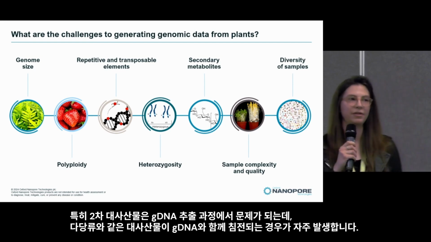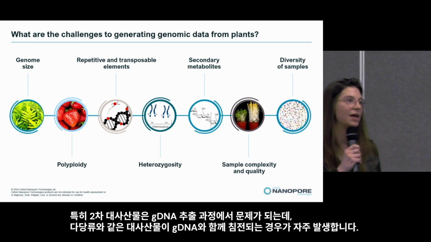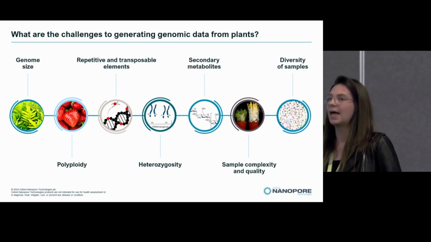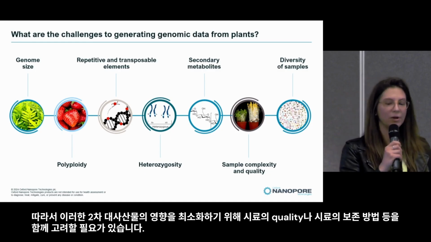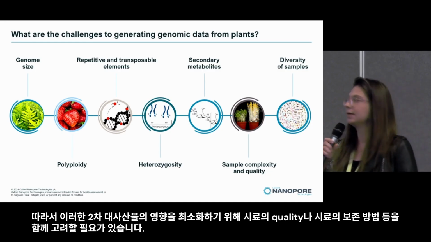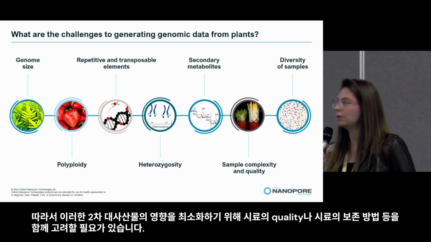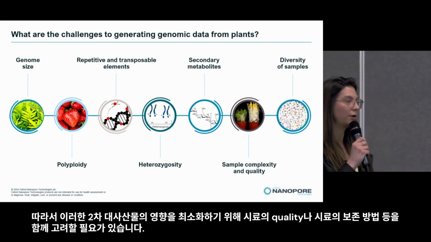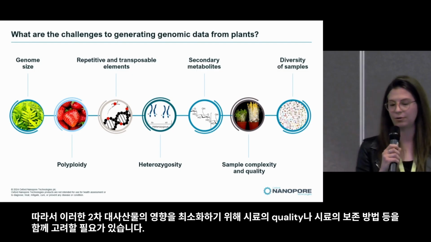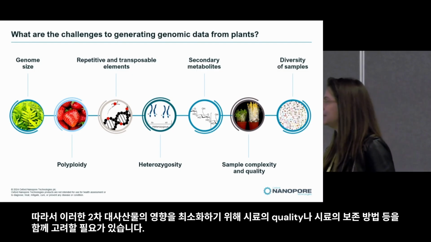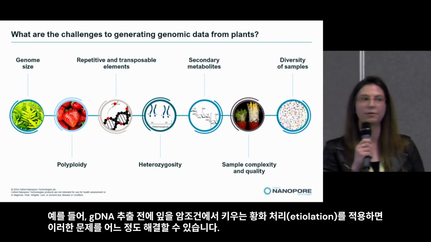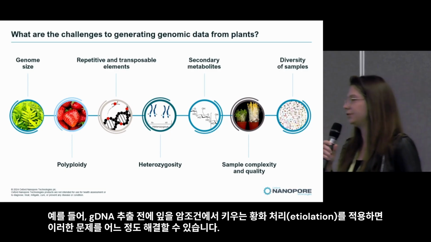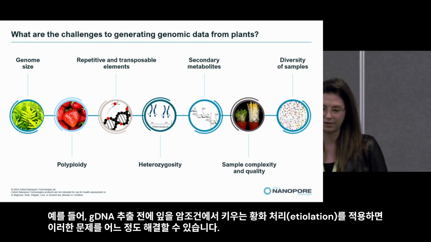So often you have things like polysaccharides that like to co-precipitate with your gDNA, and you may want to consider things like your sample quality or even your sample preservation methods in order to try to alleviate some of these secondary metabolites. So things like etiolating your leaves in advance of gDNA isolation can alleviate some of this to some extent.